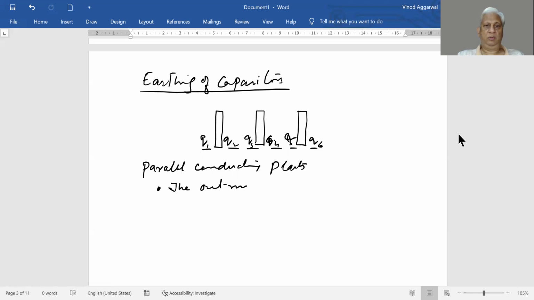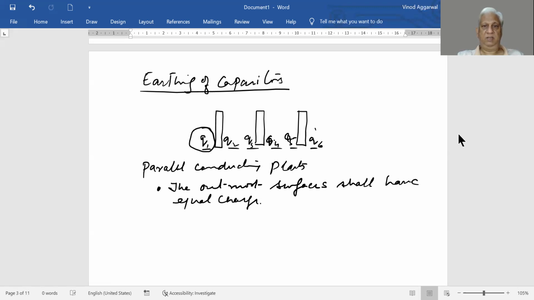the outermost surfaces shall have equal charge. In this case, the outermost surfaces are this. In this case, Q1 has to be equal to Q6.